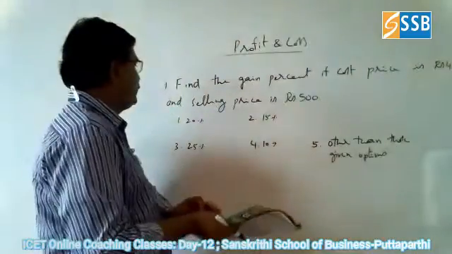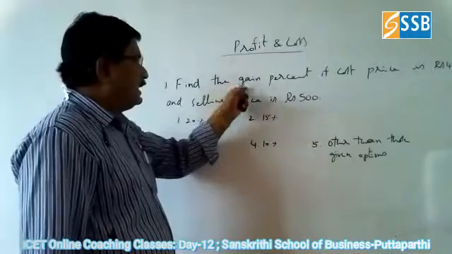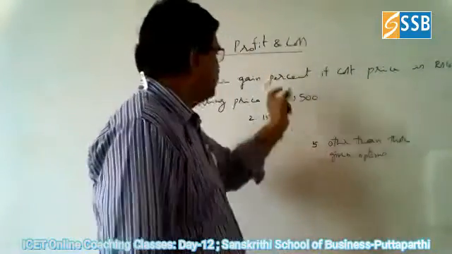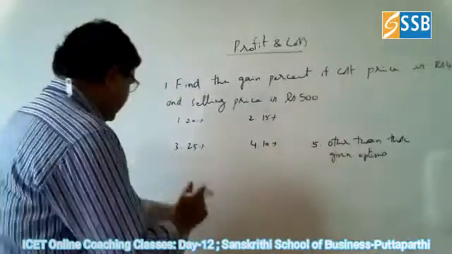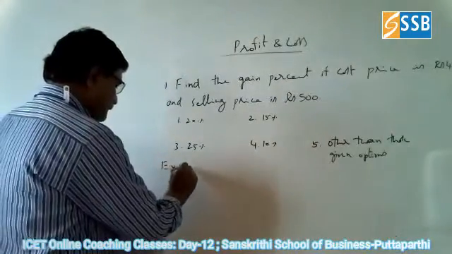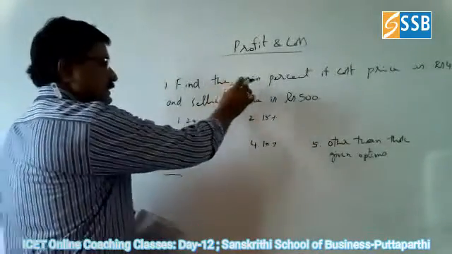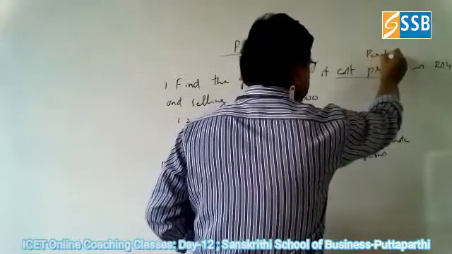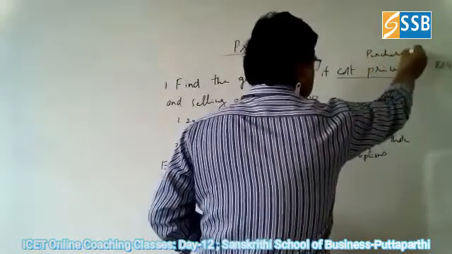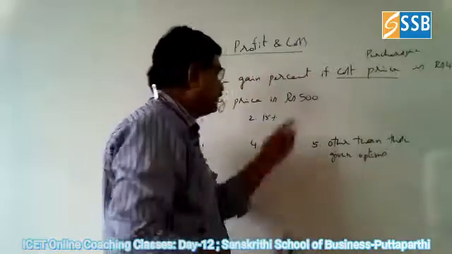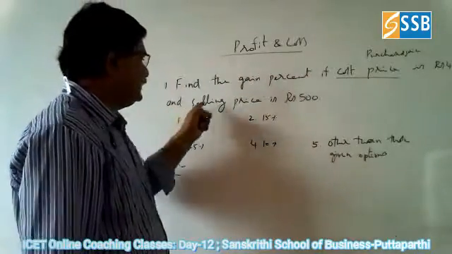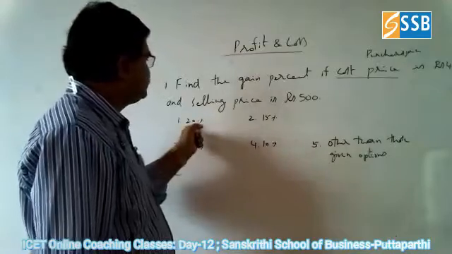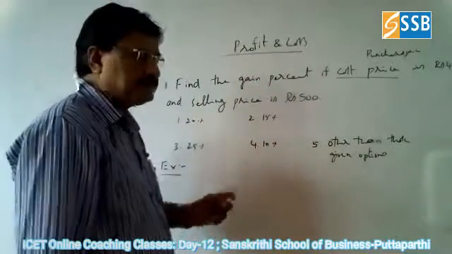So listen carefully. So find the gain percent if cost price is 400, right? So for an example, according to this, cost price means it is purchased price. Purchased price is 400 and selling price is rupees 500. What is the gain percentage?